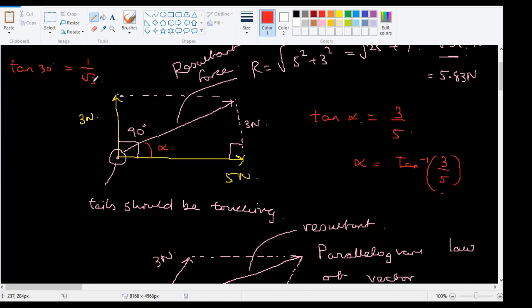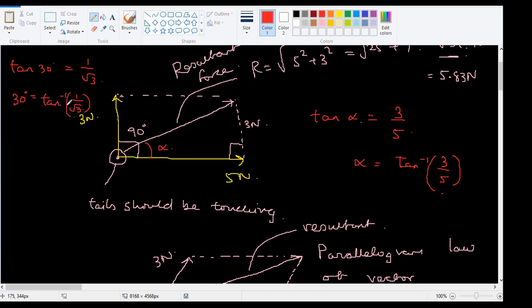Okay, as I told you, all these things are mathematics. So when the tan goes here, what it means is, for this value, what is the angle? Or in other words, tan inverse means which angle will give me this value. That's the meaning of this. So 30 degree is equal to tan inverse of 1 by root 3.